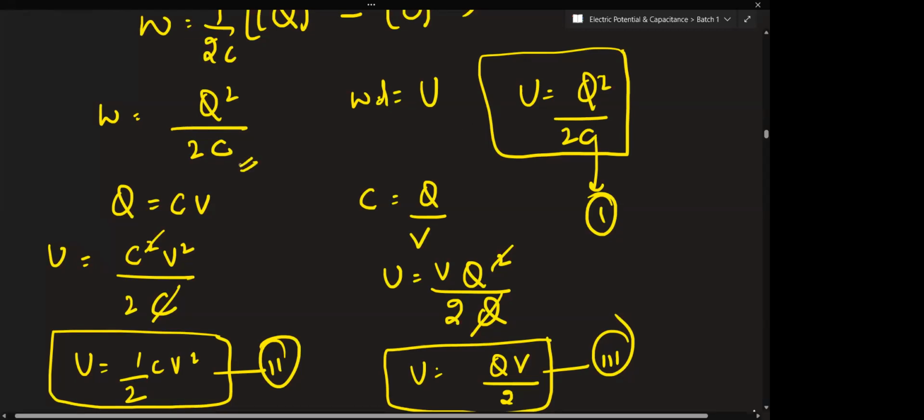Q square by 2C, this integration portion. Up to here, it's clear first. Yeah, okay. This is clear. How did you put the values?